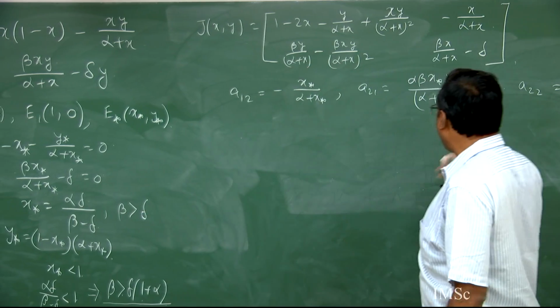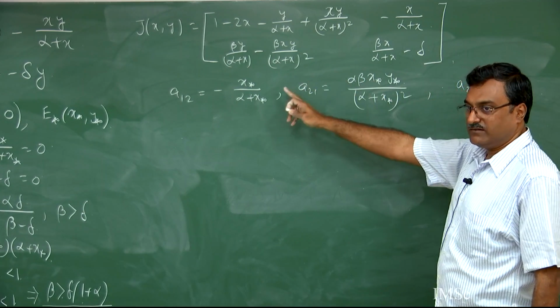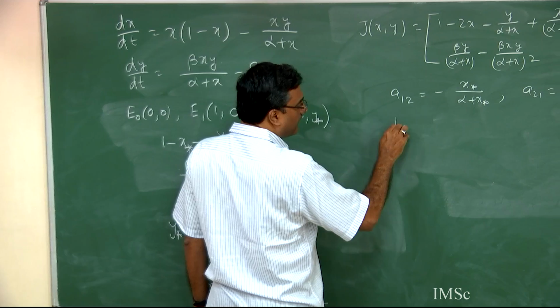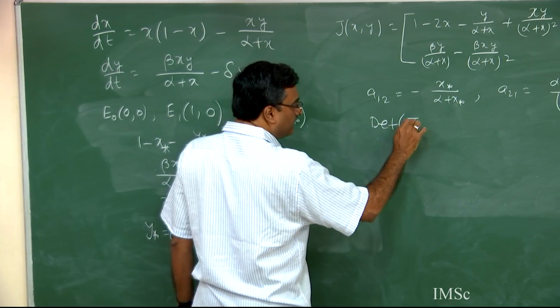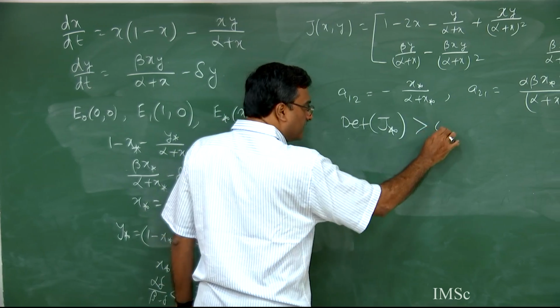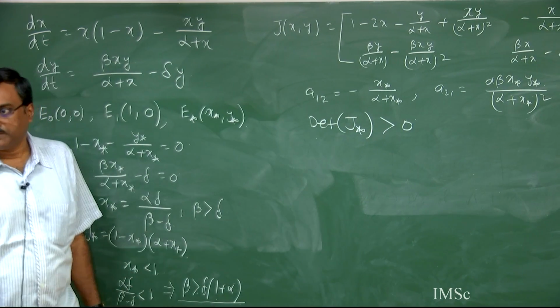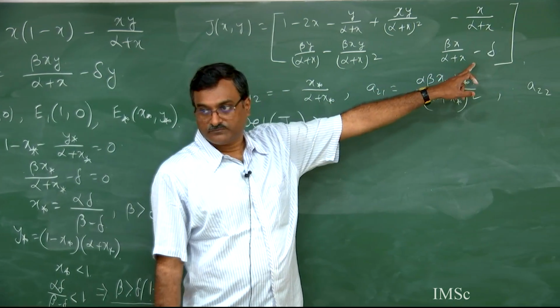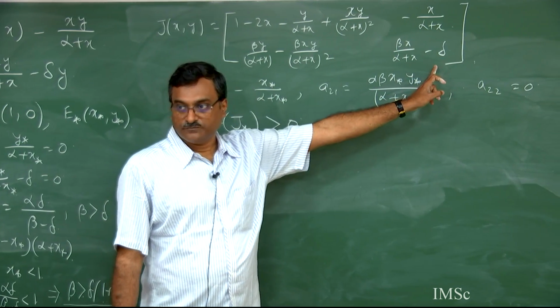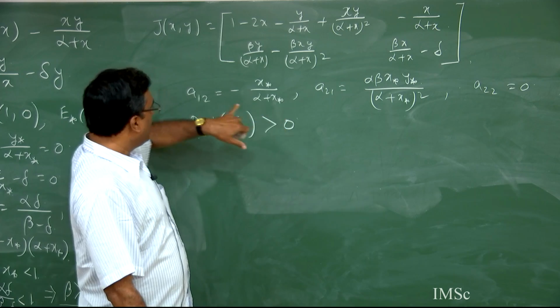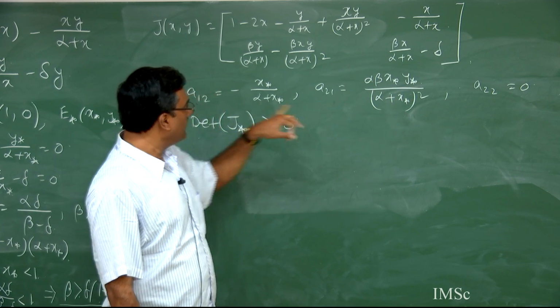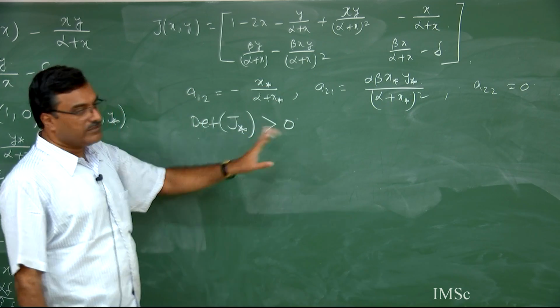Now once you have these quantities in your hand, immediately you can calculate the determinant of J star, this is greater than 0. Why? Because your A22 is 0, so this product is 0, minus A12 into A21, A21 positive, A12 negative, so therefore the determinant is positive.